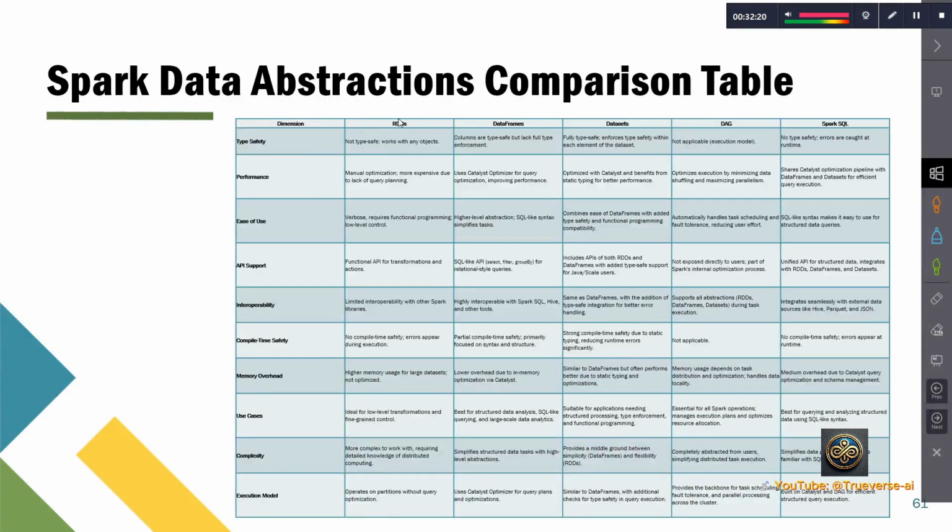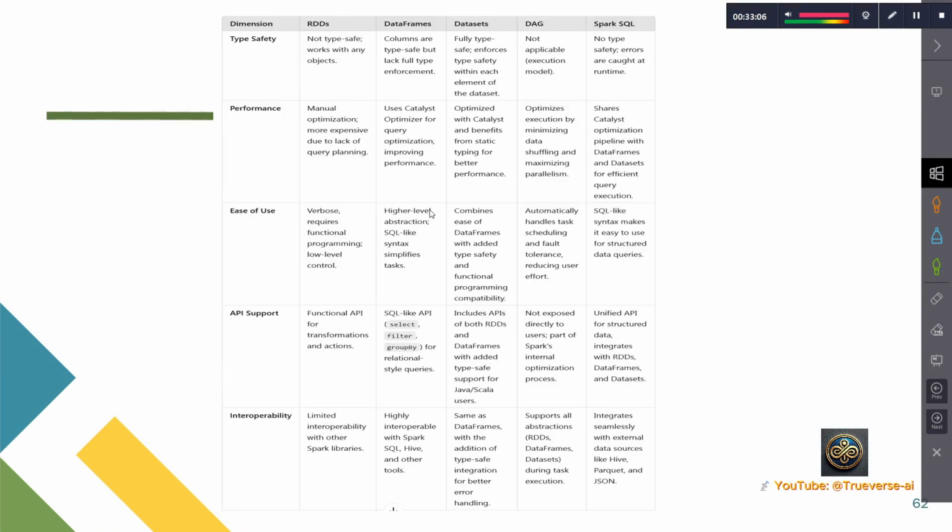So as you can see, we have our RDD, data frame, data set, and DAG, and Spark SQL. I spent too much time to prepare this table for you to make a very clear understanding of Spark data abstraction, which is very important for understanding the Spark. So let's go for the next slide. Start from here, it is bigger and clear.